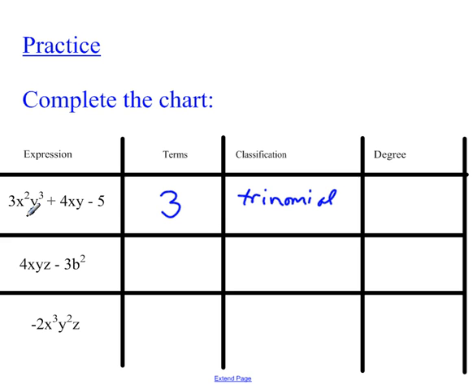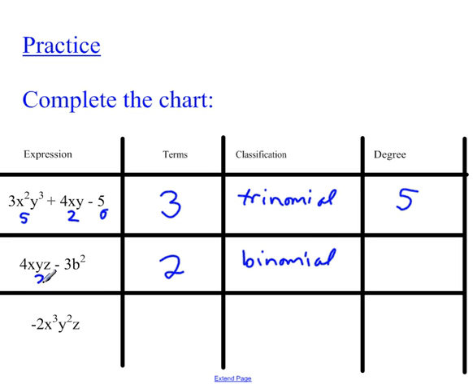The terms have degrees of 5, 2, and 0. So the entire expression has a degree of 5 because that's the highest sum. Here we have two terms, and it's called a binomial.